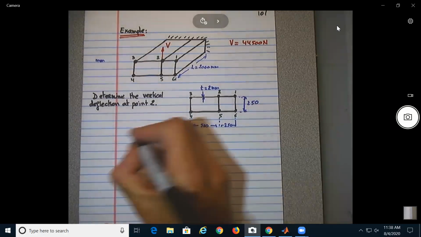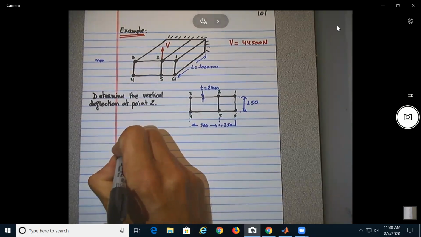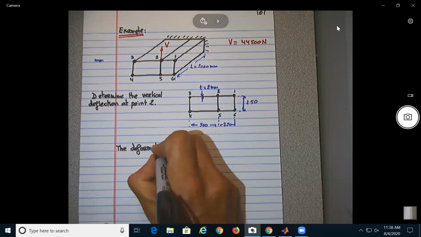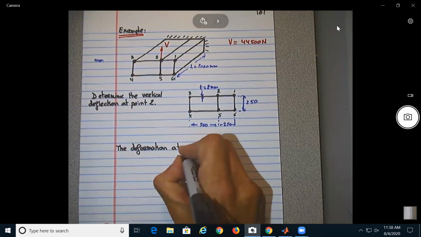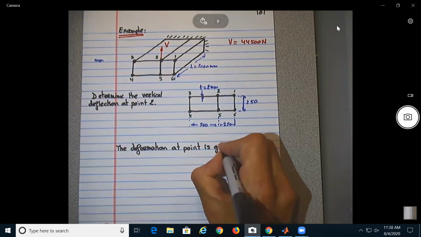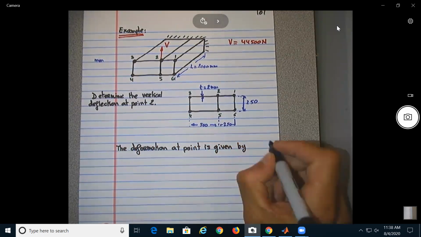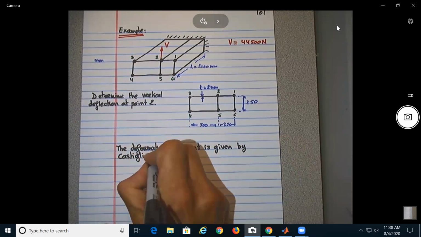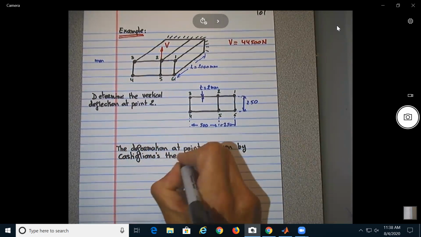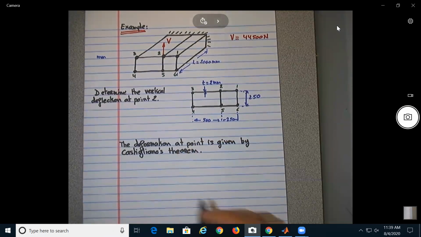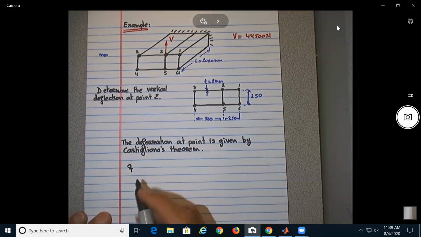So the deformation at point 2 is given by Castigliano's theorem, that basically we take the strain energy and we need to differentiate with respect to the force at the location. So remember, we call it Q. So we find the Q at point 2.